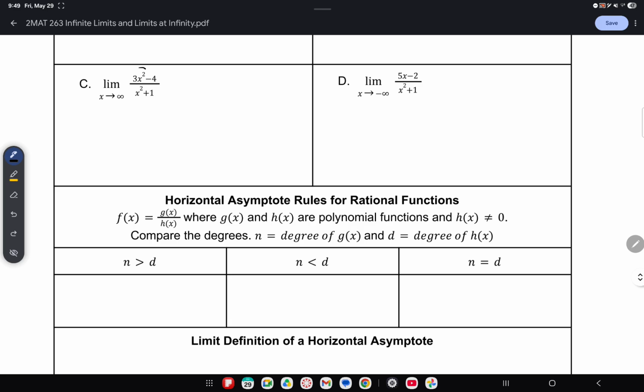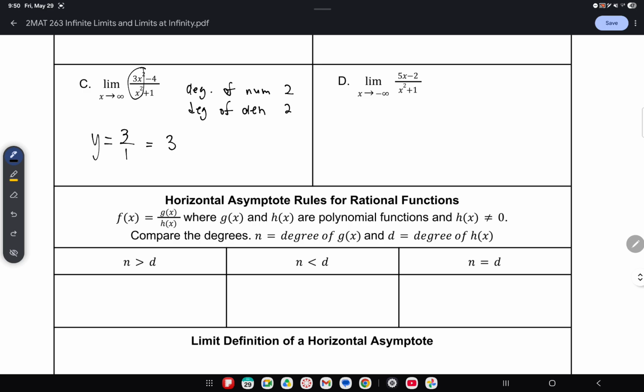I can look at the leading terms, and then I compare the degrees. The degree of the numerator is 2. The degree of the denominator is 2. So that means we have a horizontal asymptote at the ratio of the coefficients, which is 3 over 1, which is going to be 3.